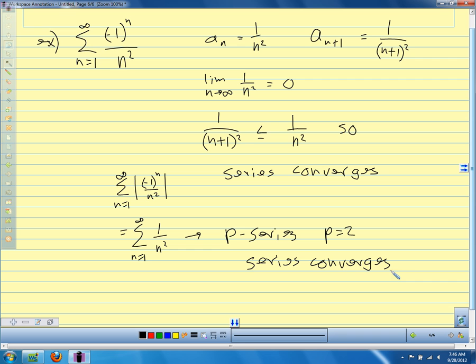Both series converge, so this is an example of an absolutely convergent series. Our original alternating series is absolutely convergent.